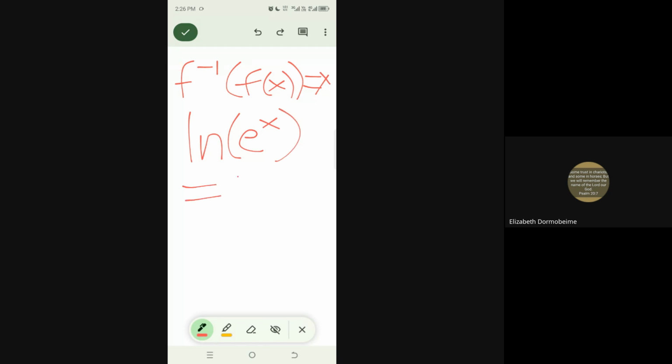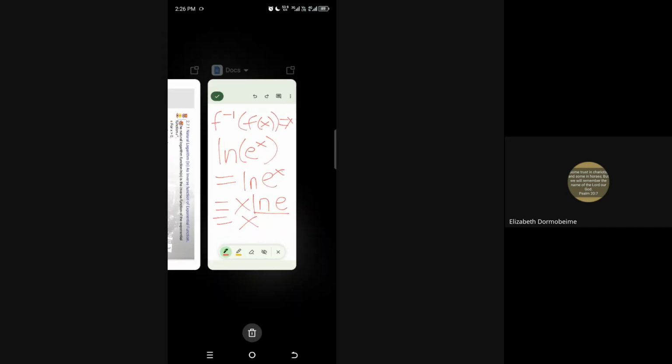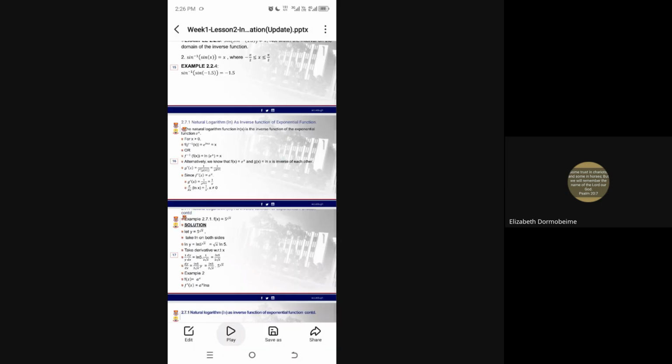When you write it, indices will teach us that you bring x down to be left with ln e, and ln e is the same as 1, so you get x. So all that I'm trying to say is that if you have a function, the natural log, and its inverse, it should give you x, no matter how it looks.